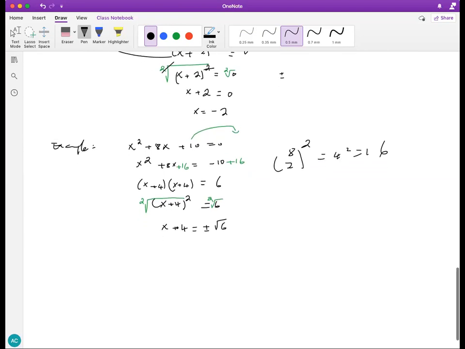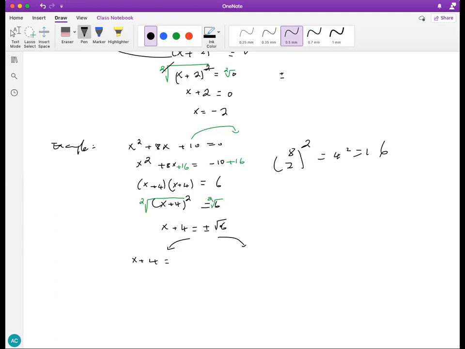Now we're not done yet. We need to get the x by itself. So what happens next? X to plus minus. Yeah, she can finish. My bad. Sorry. I mean x equals minus 4 plus 6. X plus 4 equals minus 4 plus 6.